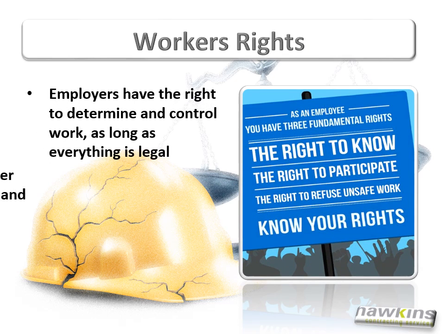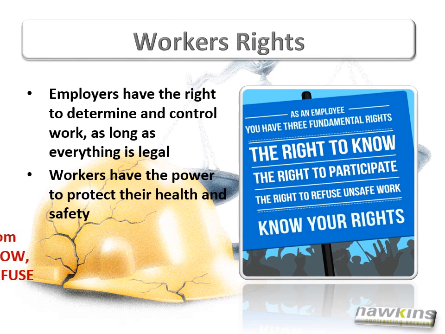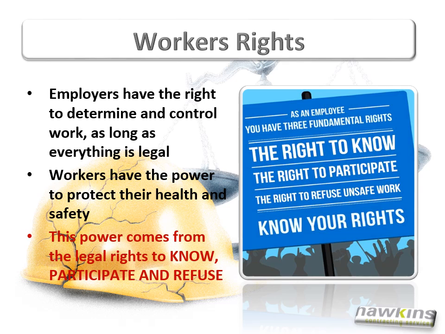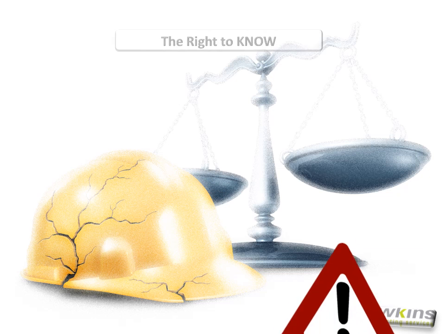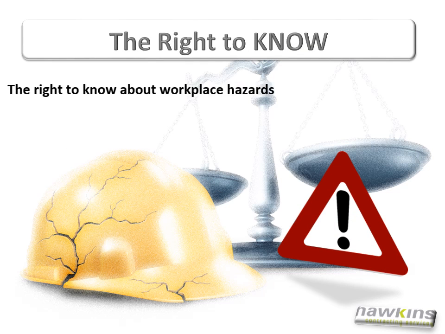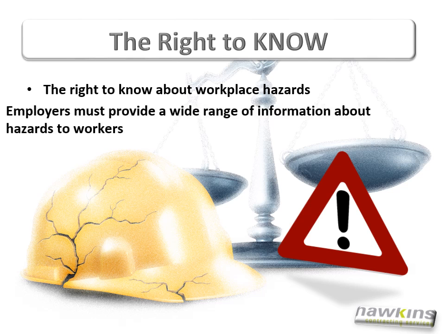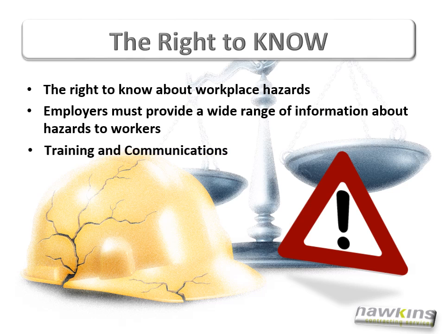Employers have the right to determine and control work as long as everything is legal. Workers have the power to protect their health and safety. This power comes from the legal rights to know, participate, and refuse. The right to know refers to the right to know about workplace hazards.